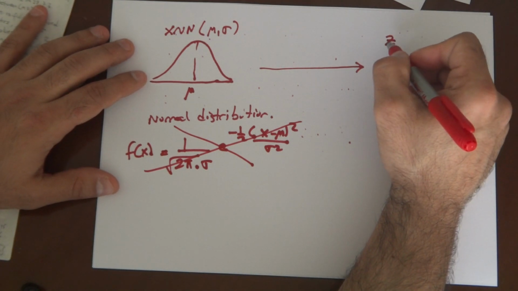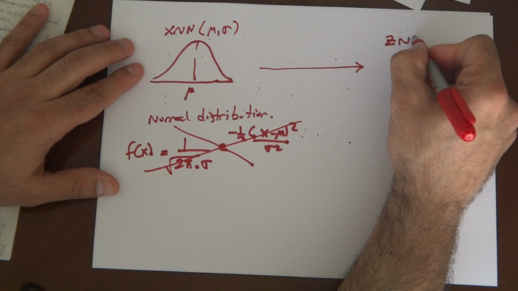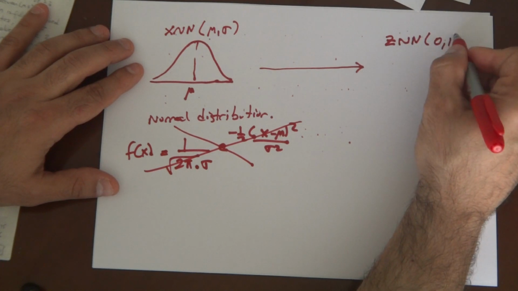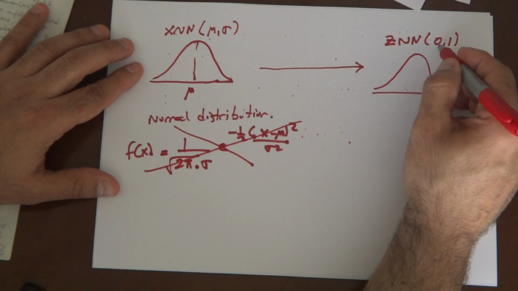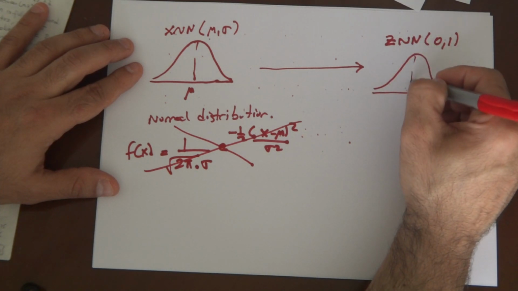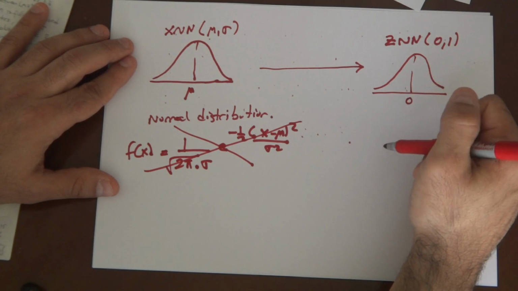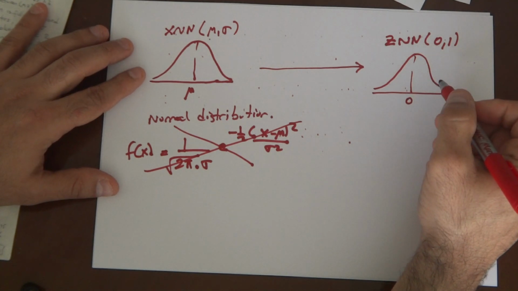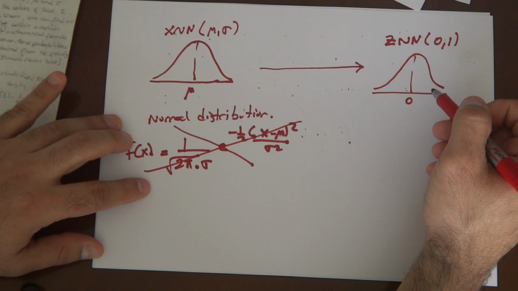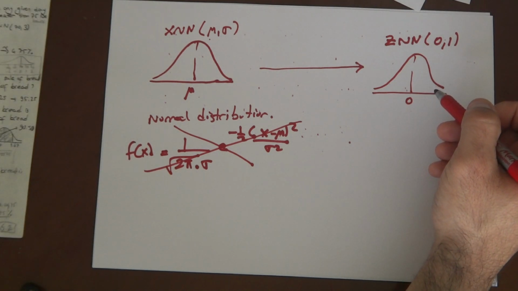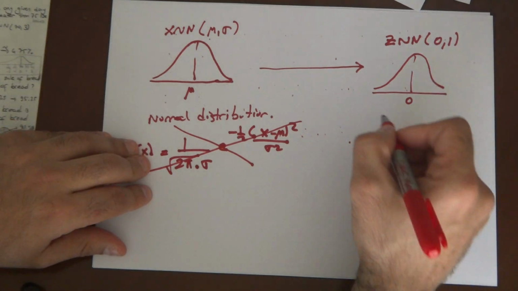Now we have Z instead of X. Z is distributed normally with 0 and 1, so the center is 0 and it is fixed. This is the standard normal distribution.